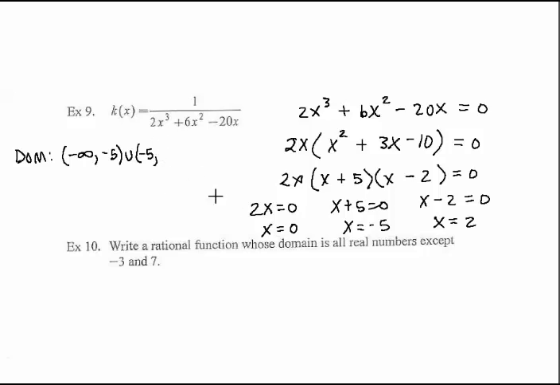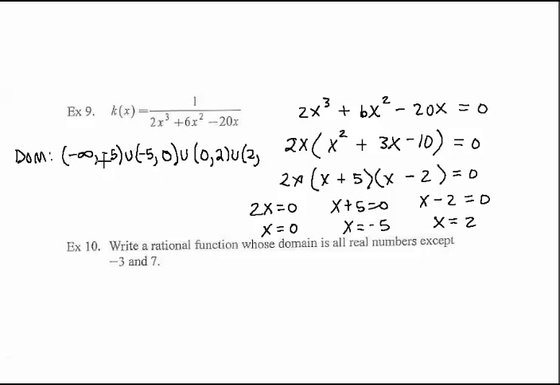From -5 to 0, those numbers are included, but then we have to skip 0 itself. Then we pick it up after 0 and we go out to 2. We include all the numbers between 0 and 2 except 2 itself, so we skip 2, and this is what that looks like in interval notation.